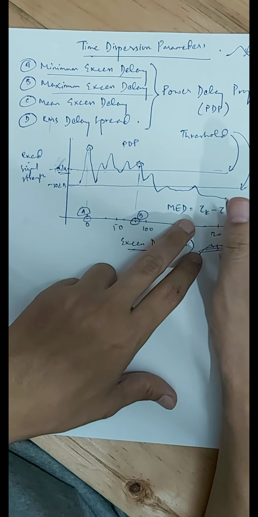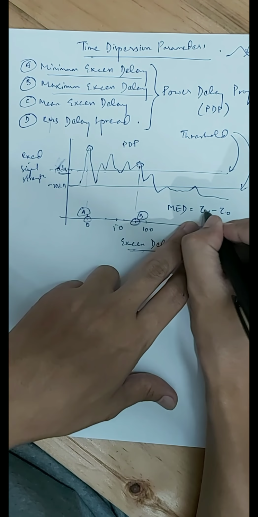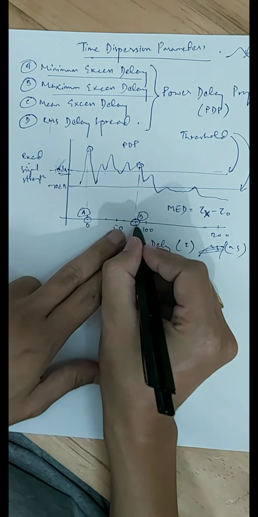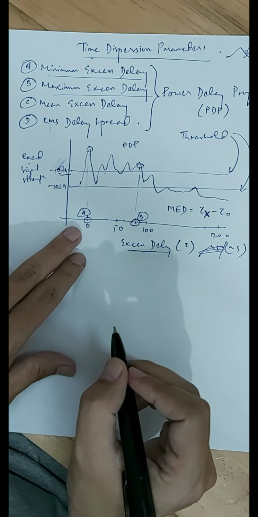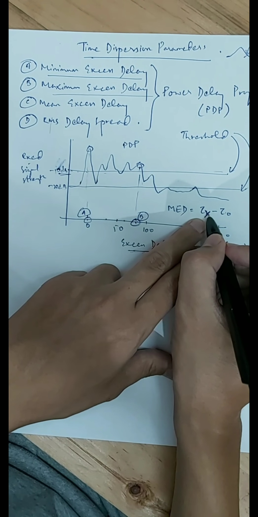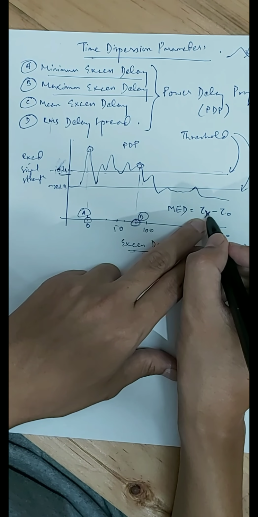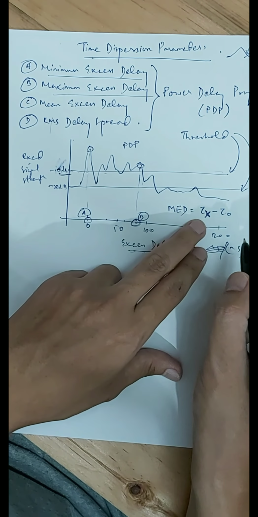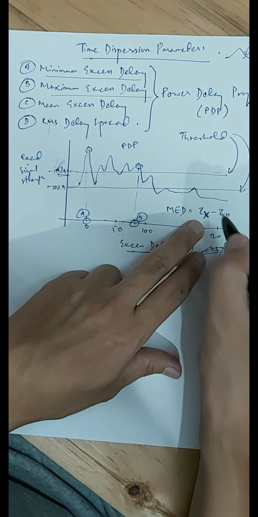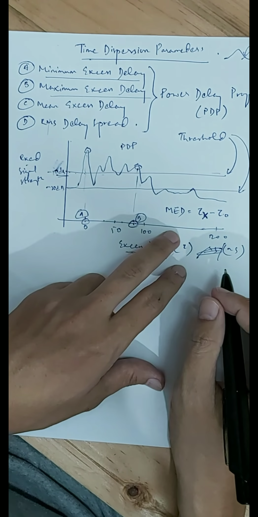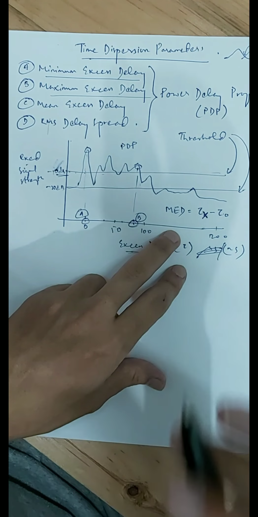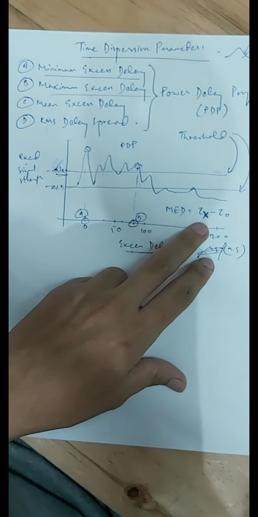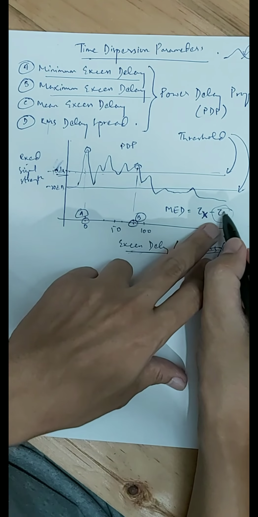So tau x minus tau 0. This is tau x and this is tau 0. So what is tau x? Tau x is the maximum delay at which the multipath component is within x dB of the strongest arriving multipath signal. What is tau 0?